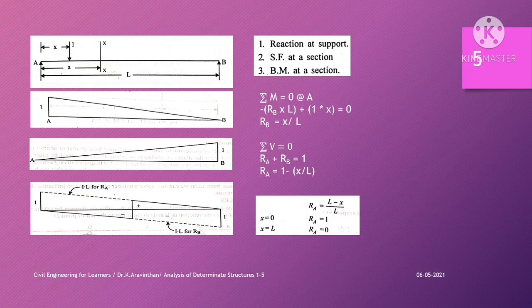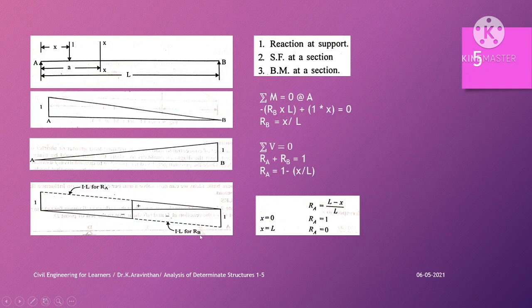Okay. Now if you want to find the shear force, the shear force is nothing but, if you find the reaction, you will be easily finding out the shear force. If you join these two parameters, you can find the shear force. So this is the RA parameter, the reaction A parameter, and reaction B parameter.